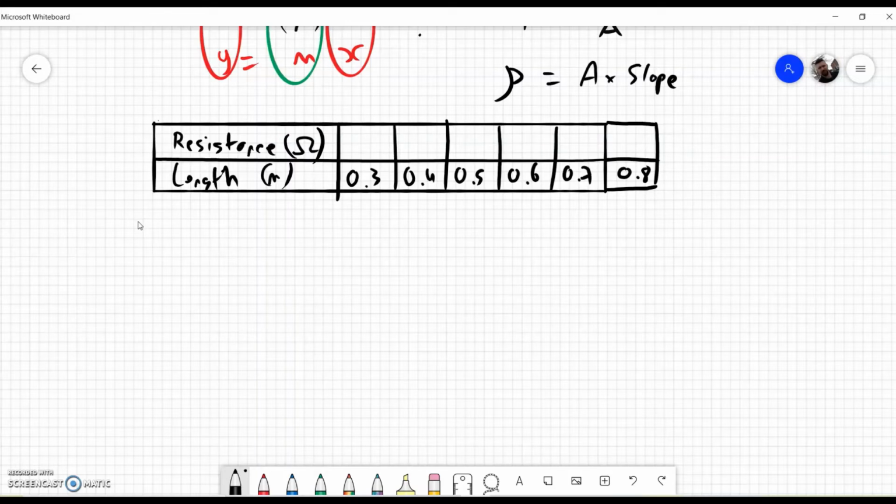My resistance values will be 0.11, 0.14, 0.17, I think is the next one, yeah, 0.17, 0.21, and my final two values, 0.24, 0.28.